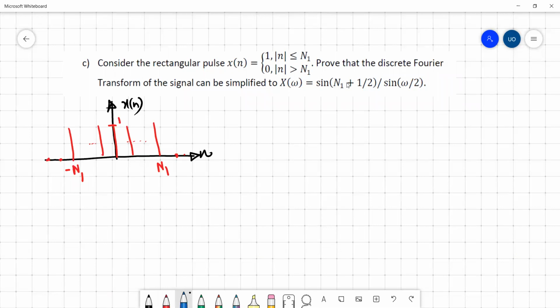You are asked to evaluate the discrete Fourier transform and simplify it to this format.